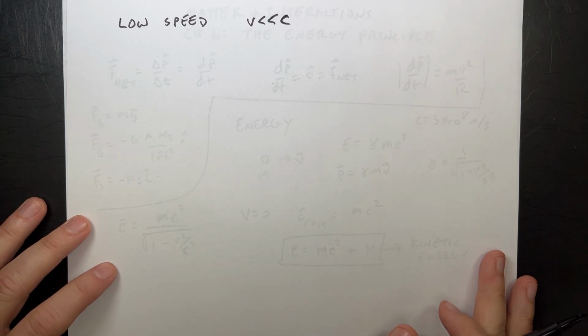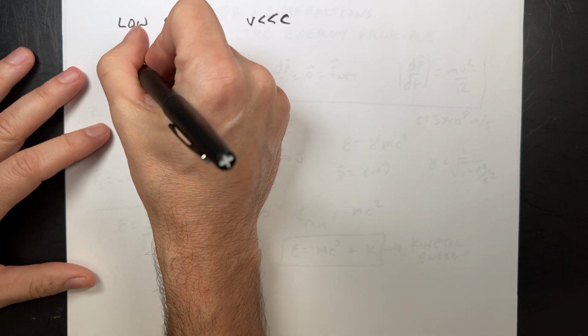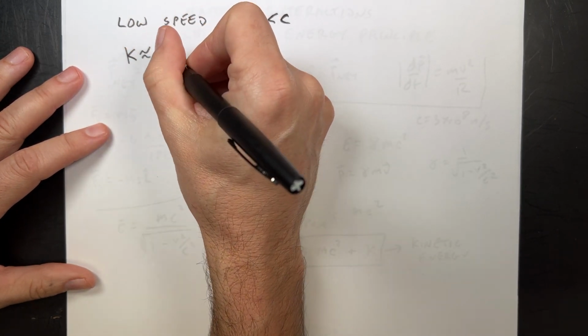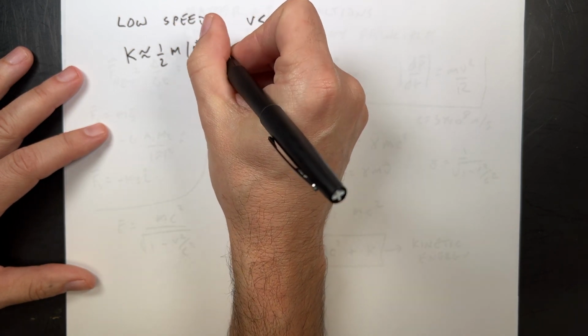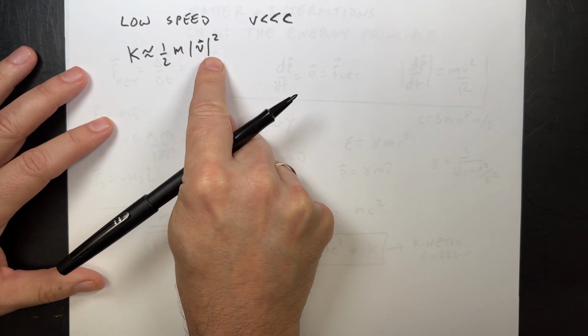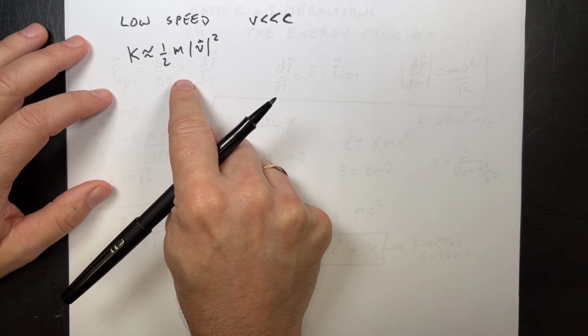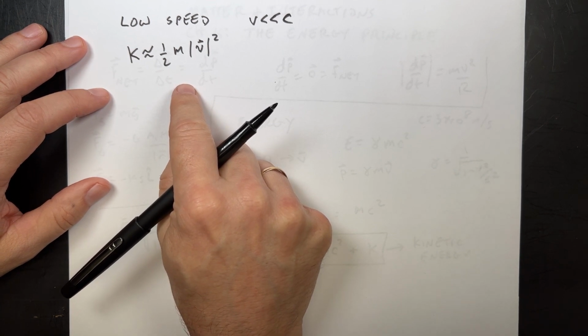Low speeds compared to c. In that case, we can approximate the kinetic energy as 1/2 m, and I'll write this the long way, the magnitude of v squared. So you take the velocity of the particle, take the magnitude, square it, and multiply by 1/2, and that's the kinetic energy.